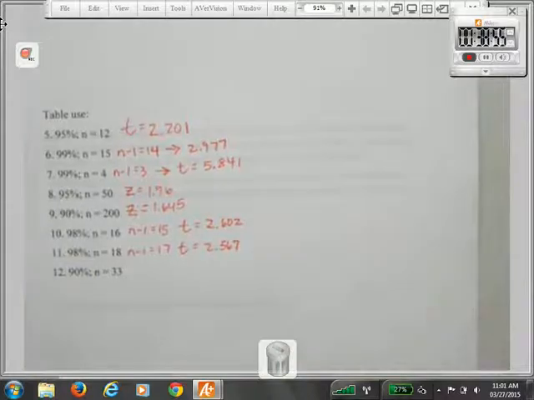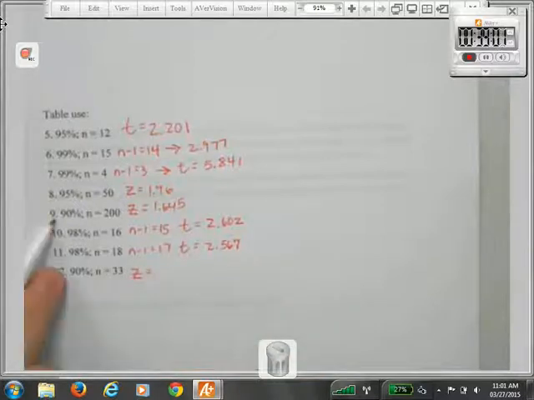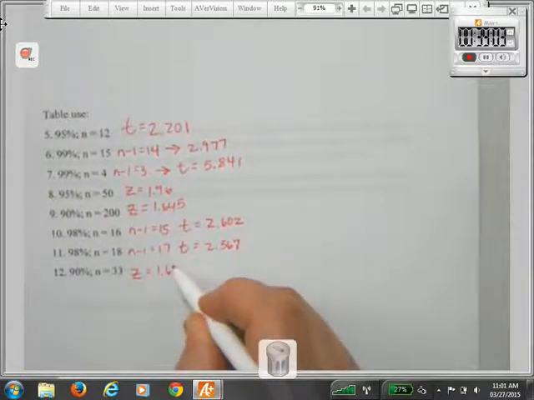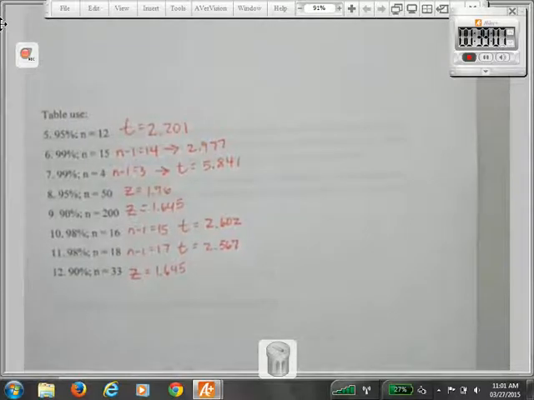And then the last one is at n equals 33, so really it's a z, and we've already done 90%, so it's still 1.645. So it's all about determining whether n is greater than or equal to 30, or less than 30.